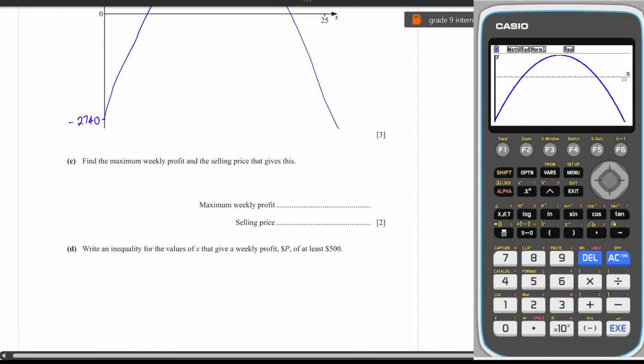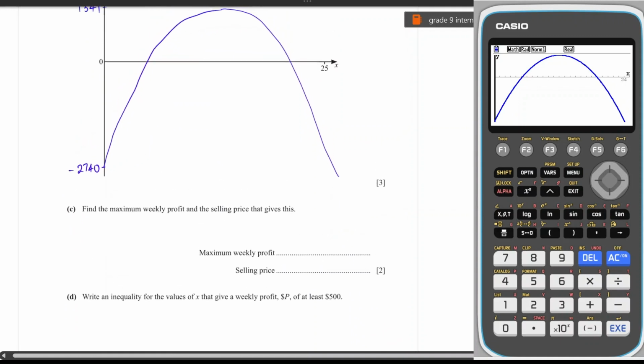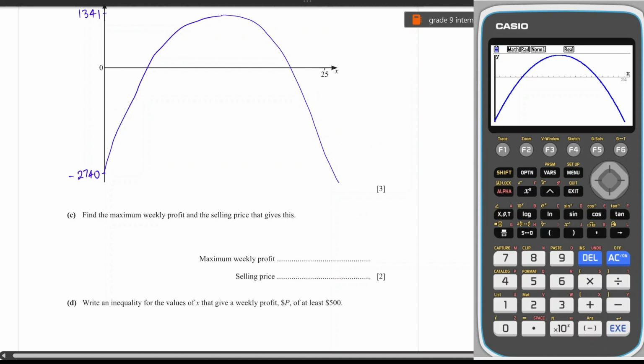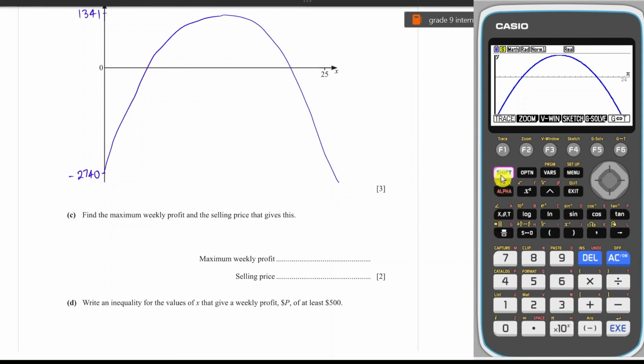Now find the maximum weekly profit and the selling price that gives this. I think we have already worked this out. So the maximum was 1340.14, and the selling price that gives this will be the corresponding x value, that is 12.07.